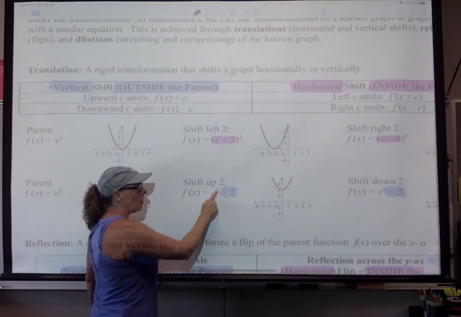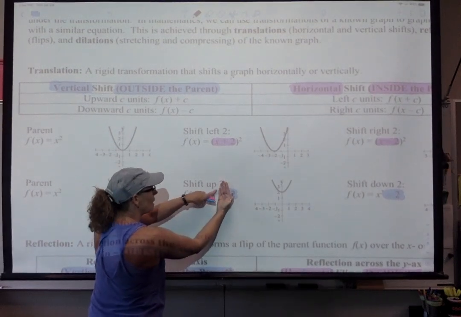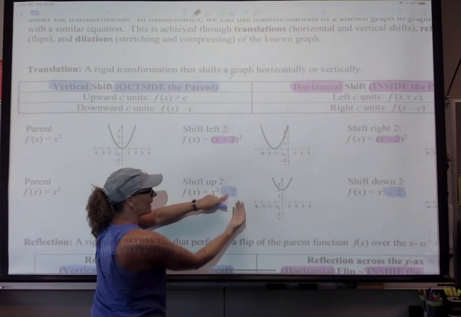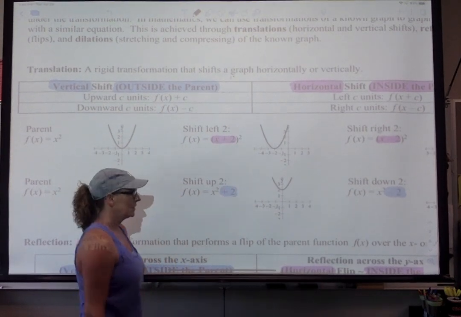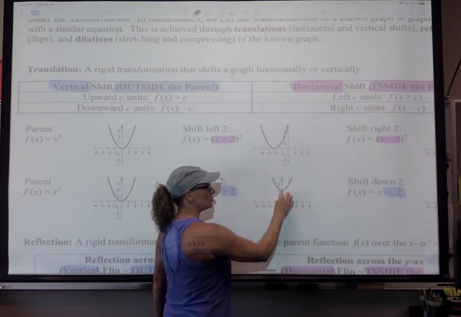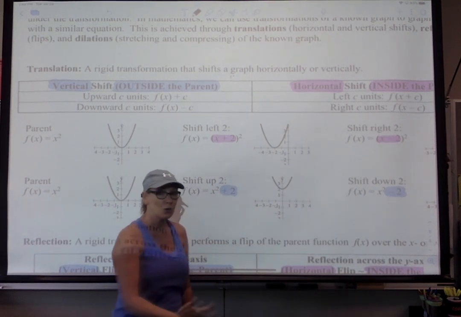This is saying all the y values that you did have, we're now going to add 2 to them. So instead of 0, 1, and 4, now we've got 2, 3, and 6. We added 2 to them.